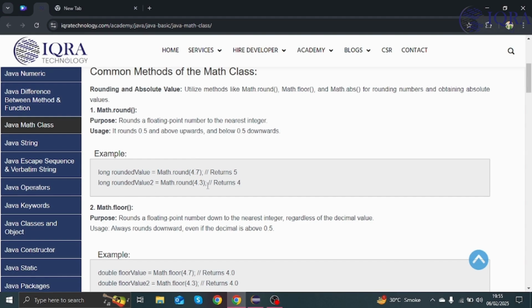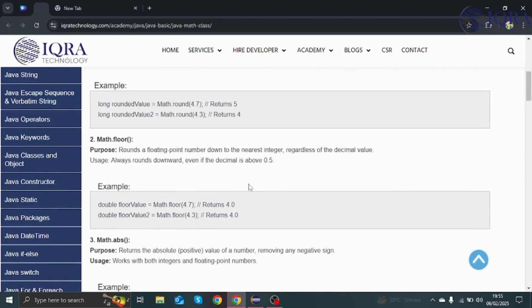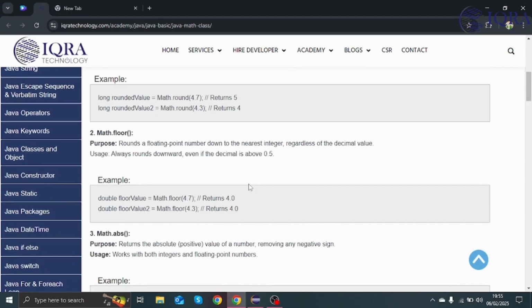Similarly, if the digit after the decimal is below 5, meaning 4, 3, 2, 1, 0, it will give the downward integer. So 4 is the downward integer, and it will give us 4. So it basically rounds the number and is used to remove the decimal part.